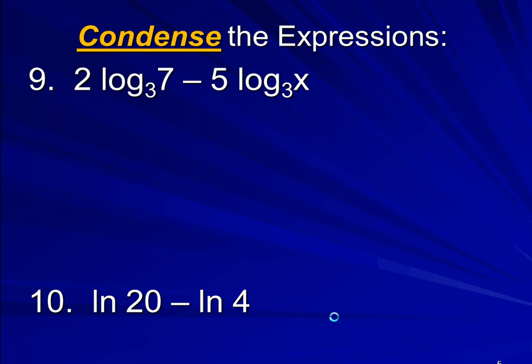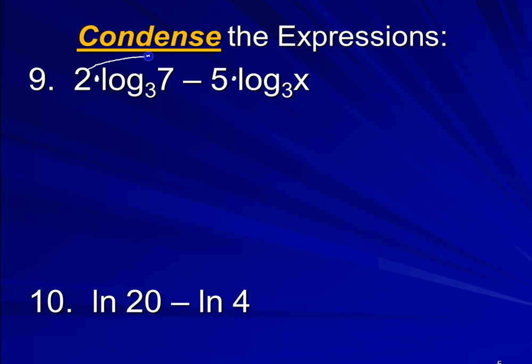So condense the following expressions. First one, I've got 2 times log base 3 of 7 minus 5 times log base 3 of x. First thing, think about our powers again. Powers are going to have to be the first thing we deal with on condensing because we have to make sure and define where they go.